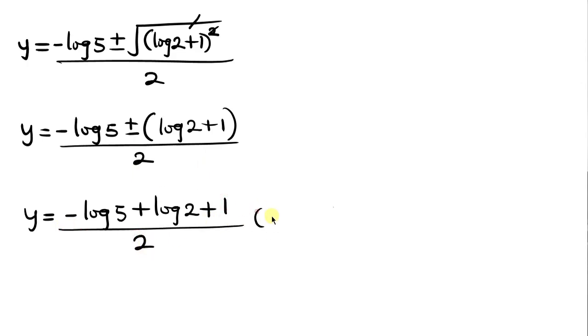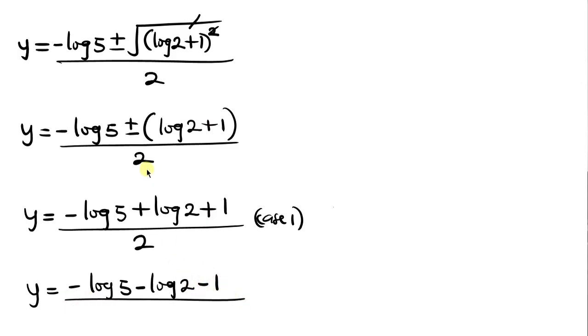So I'm going to be calling this case 1. And now for this other one, I have y to be equal to negative log 5. This time we go with the negative, so use the minus to open up the bracket. Minus times log 2, I have minus log 2. Then minus times plus 1, I have negative 1 all over 2. So I'll call this case 2.